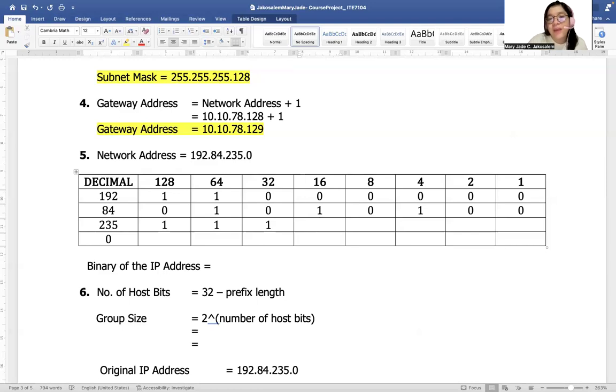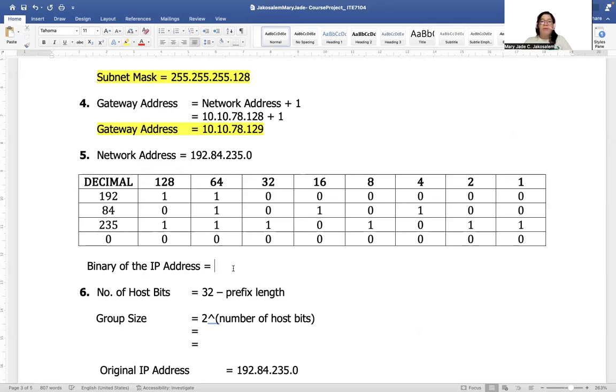So 11 is less than 16, so it's a 0. However, 11 is greater than 8, so for this column, it's a 1. Then 11 minus 8 is equal to 3. 3 is less than 4, so this one is a 0. However, 3 is greater than 2, so it's a 1 here. 3 minus 2 is equal to 1. So 1 is equal to 1, therefore it's a 1 here. Then the last value here is a 0, so everything is 0 automatically.